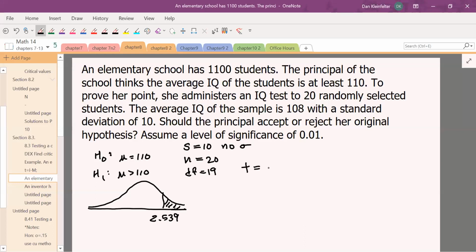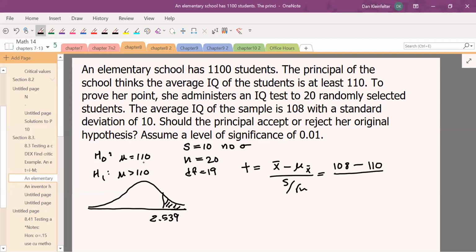So then we're going to need our test statistic. So that will be x bar minus mu, x bar over s over root n. So the sample had an IQ of 108 average. The hypothesized was 110. So at this point, we can really stop, right?